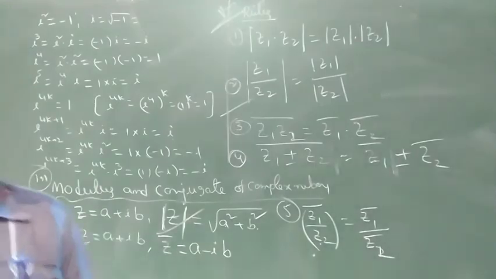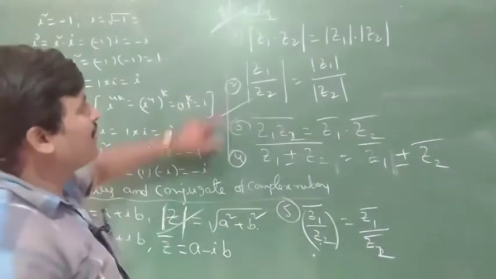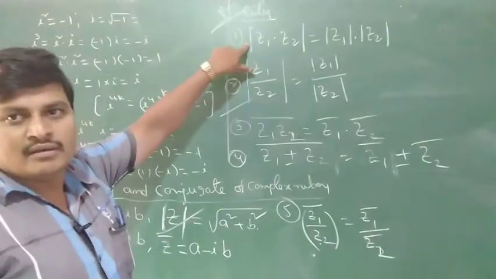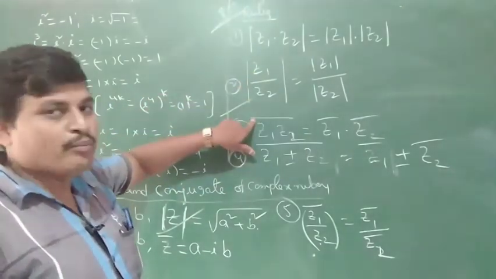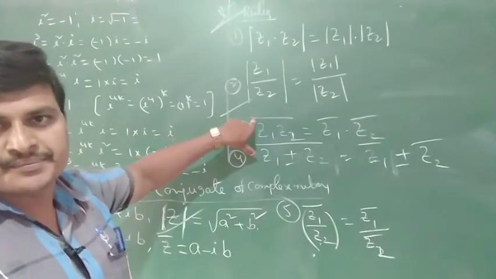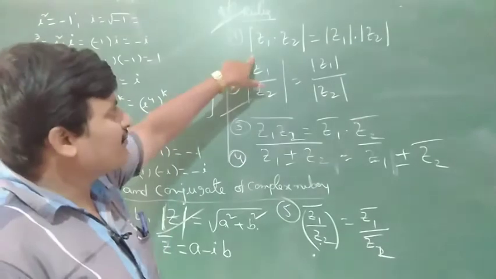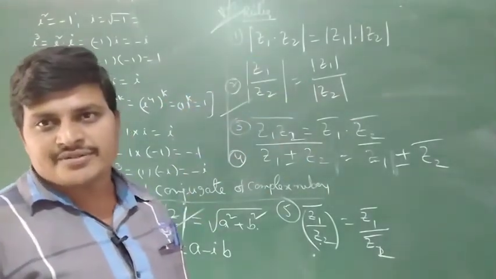So we are going to the exercise. This is the modulus symbol. This is the conjugate, the bar is called the conjugate bar. This is the modulus. Z1, Z2 are complex numbers.